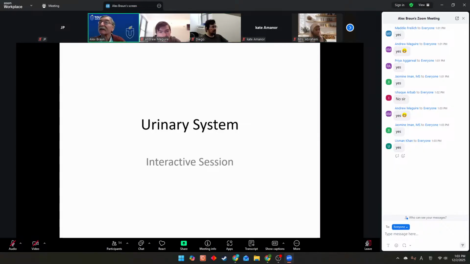Let me see if I can adjust my screen a little bit. Usually, when I'm in the classroom, I could see the PowerPoint on two screens, but I can't see that now, and I'm not sure how to do it.